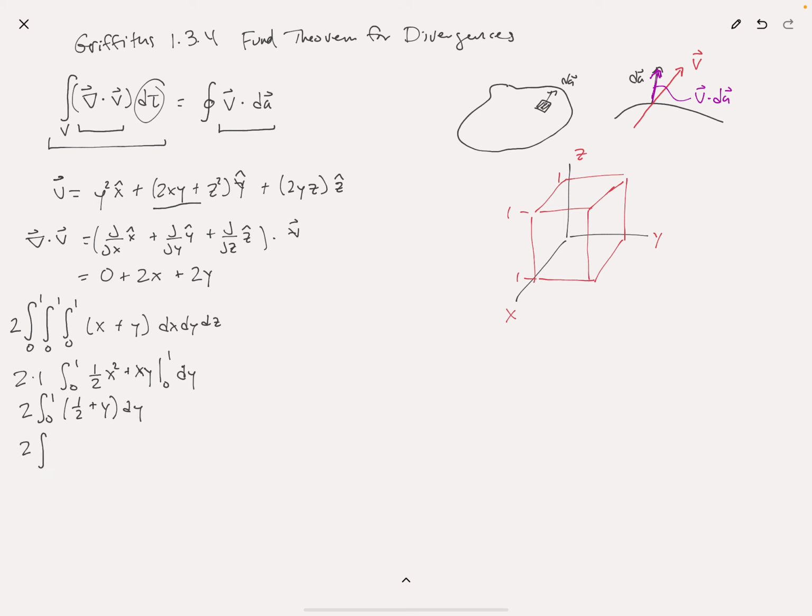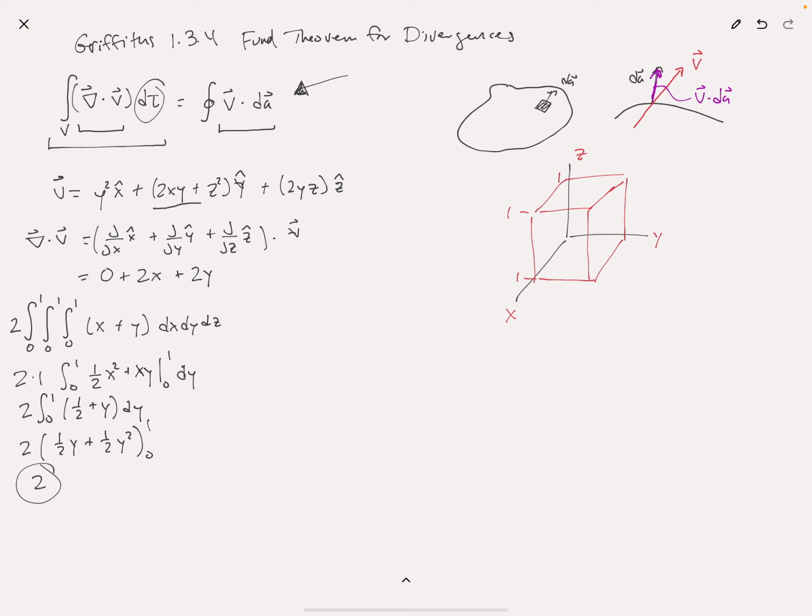Do the integral now: 2 times 1/2 y plus 1/2 y squared from 0 to 1. That becomes 1/2 plus 1/2, it's 1, so that becomes 2. Okay, I feel better about the way I did that. So we know that the left side of this expression up top is 2 for this field and this shape.